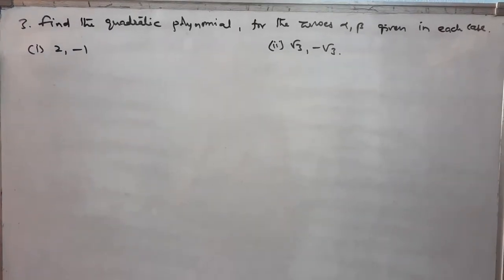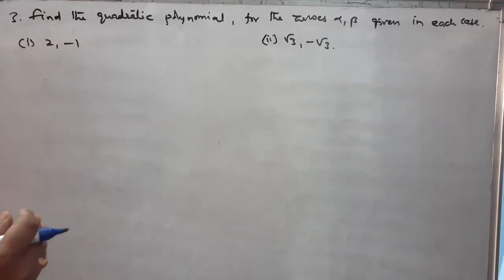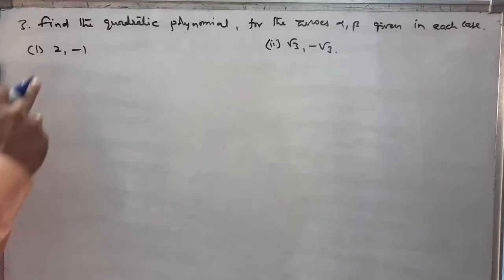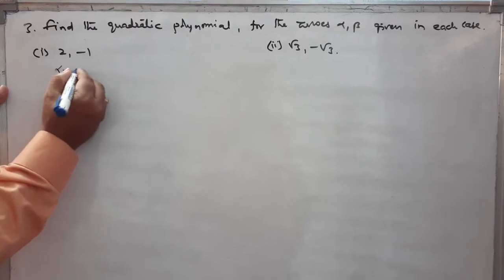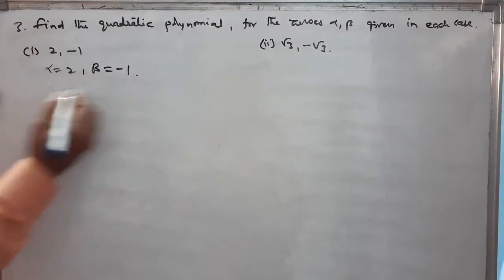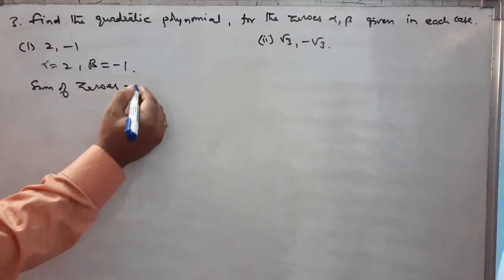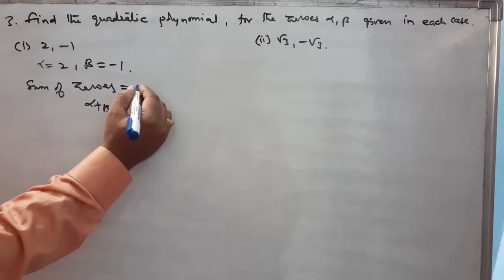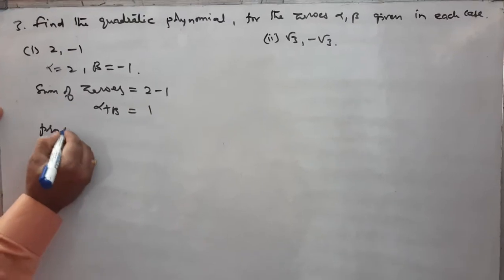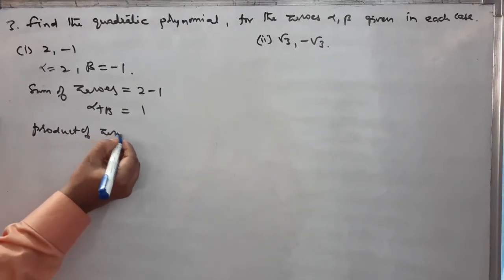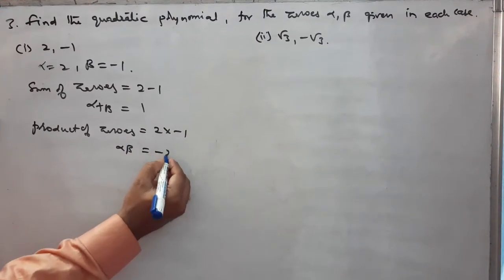So next problem: find the quadratic polynomial for the given zeros alpha, beta in each case. Alpha is 2 and beta is minus 1. So indirectly it is given alpha equal to 2 and beta equal to minus 1. The sum of the zeros is alpha plus beta, that is 2 minus 1, that is 1. The product of the zeros is 2 into minus 1, that is alpha beta equal to minus 2.